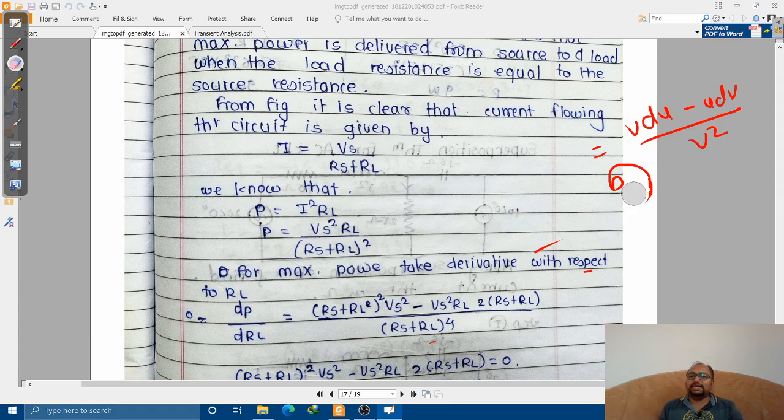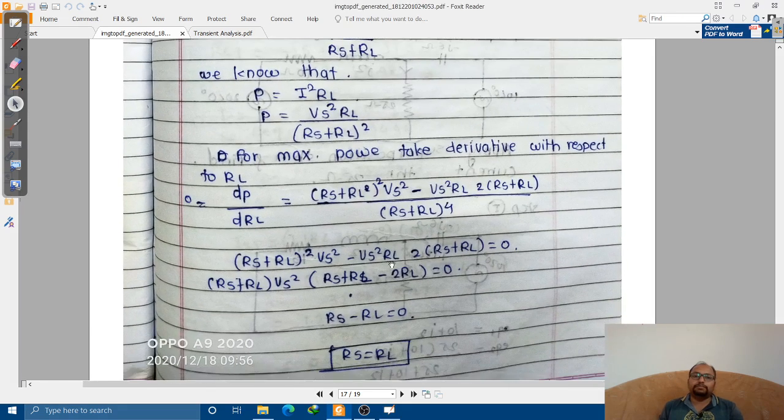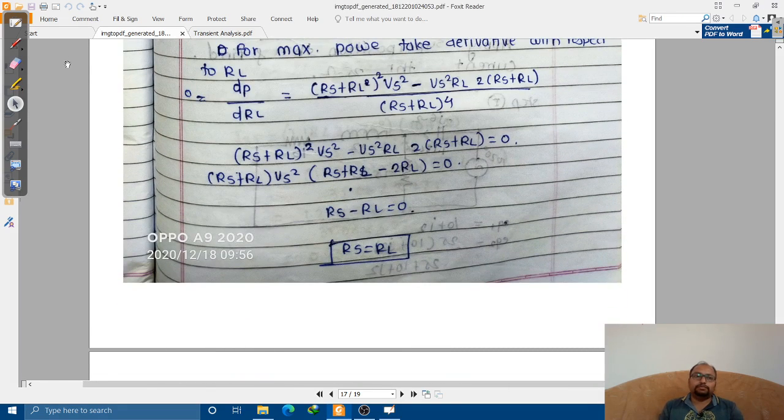Now let us equate it to 0, because we need to equate it to 0 in order to get the maximum value. Let us transfer this term to the right hand side, so the left side becomes 0, since anything multiplied with 0 is 0.